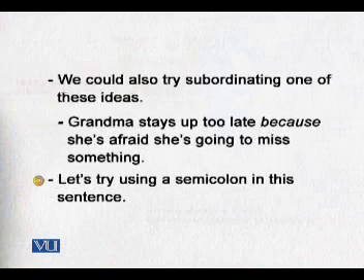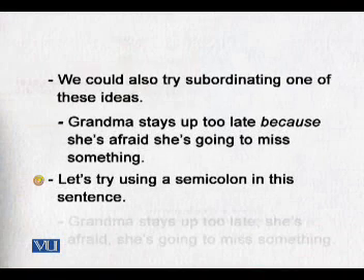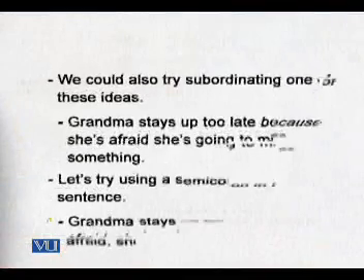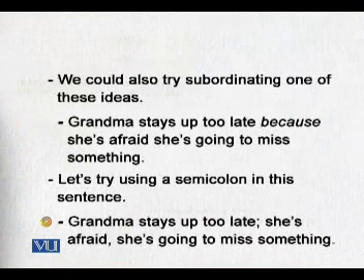If I here introduce a semicolon, then you would see that your sentence will be in the best possible form. No comma, no coordinating conjunction, no subordinating conjunction. Just use a semicolon and your sentence will be absolutely perfect. Take a look. Grandma stays up too late and we put here what?